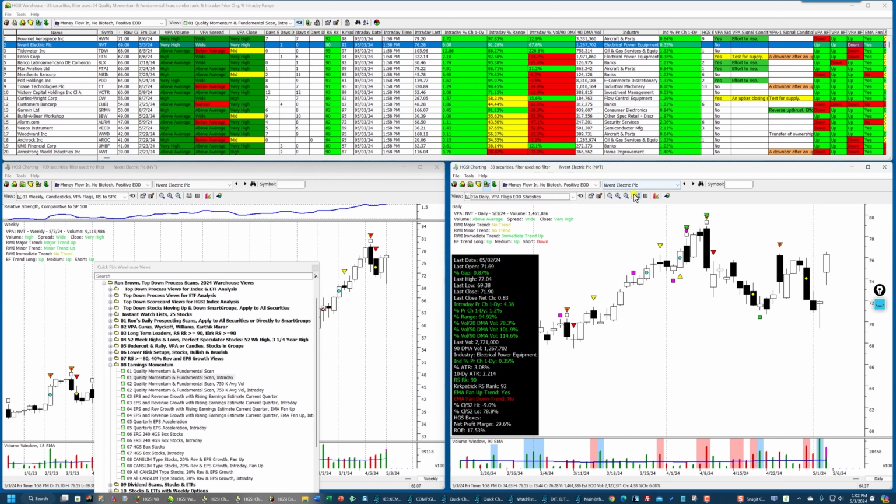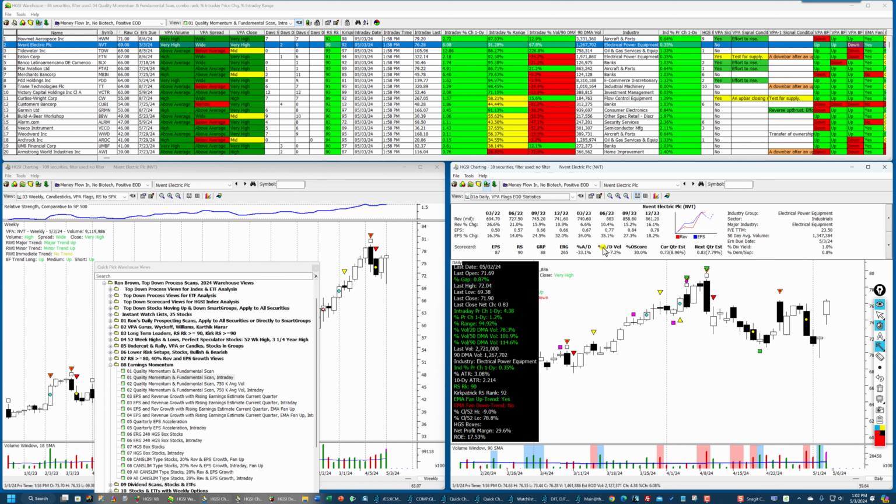Now if I bring this information up, let's look here. You can see that this earnings growth was greater than 0 when compared to the same quarter 1 year ago. So it meets the criteria. It's fundamentally strong and the money flow is positive as of yesterday and it's moving up again today.